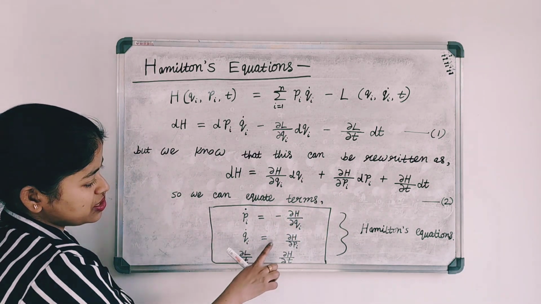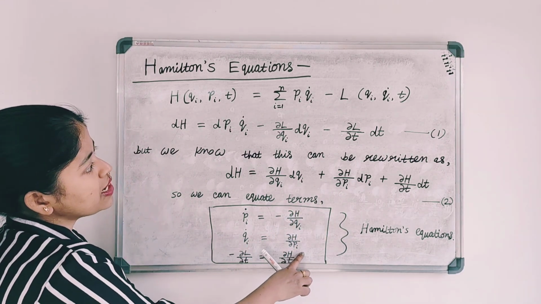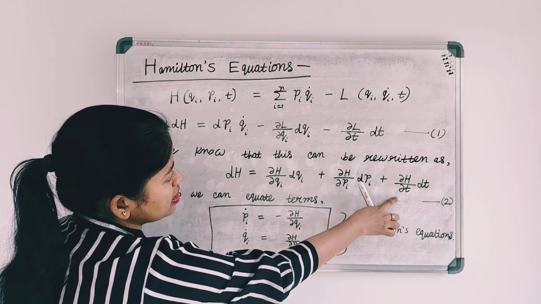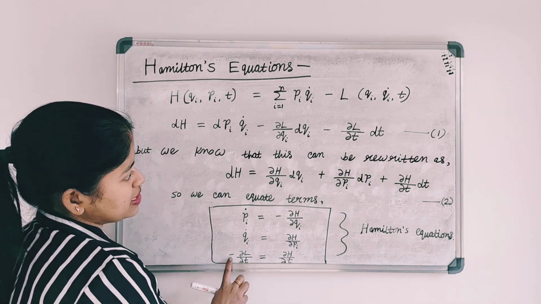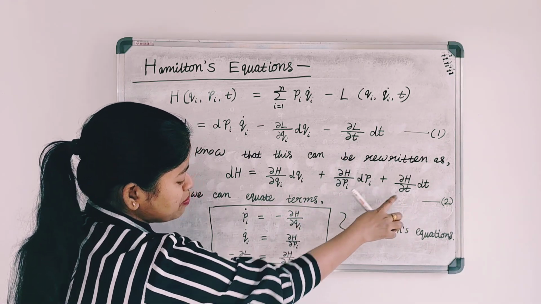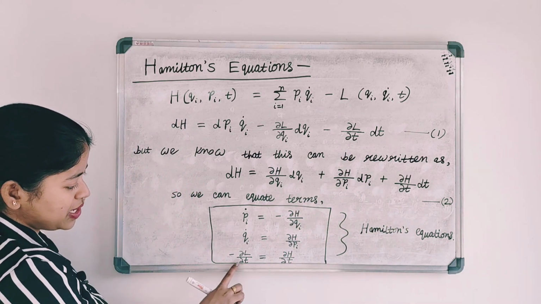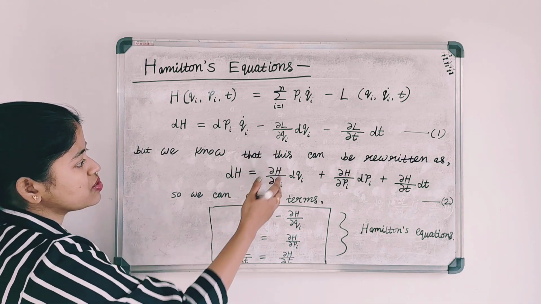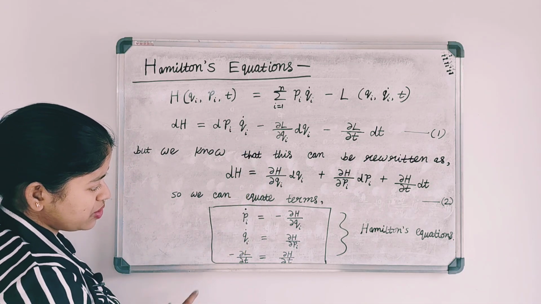Equating the remaining terms, we can see that minus del L by del t is equal to del H by del t. So equating these two equations, we get these equations.